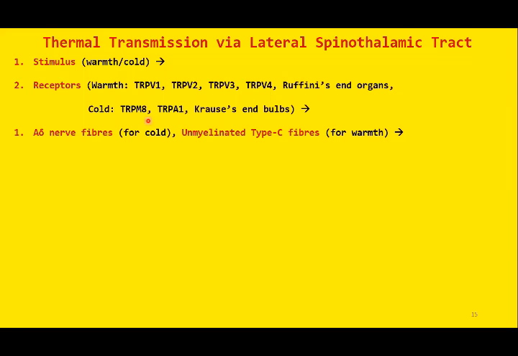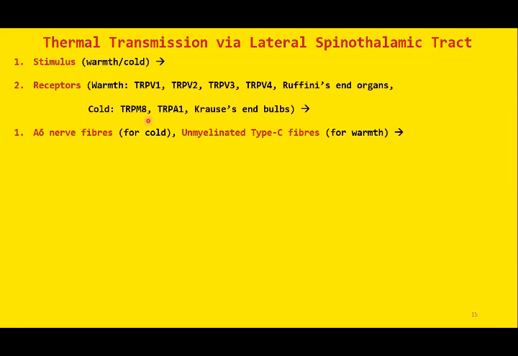So once the receptor has been stimulated, the signal will be carried by a specific type of nerve fiber. There are specific nerve fibers for cold sensation and specific nerve fibers for warm sensation.